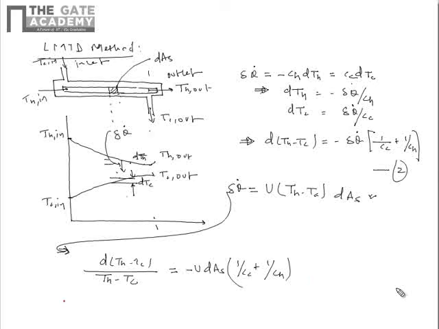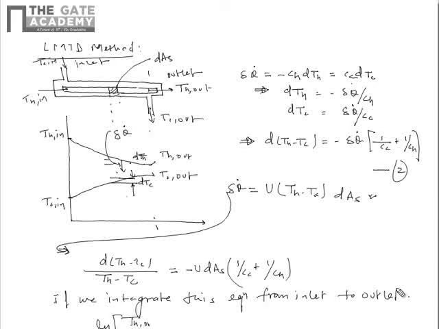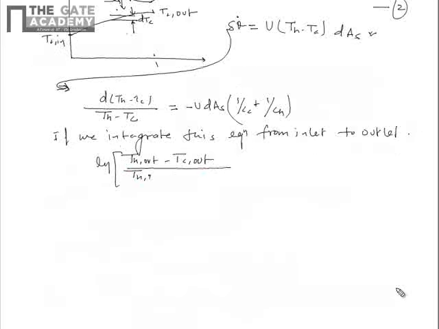If we integrate this equation from inlet to outlet, we will get ln of (Th out minus Tc out) divided by (Th in minus Tc in).